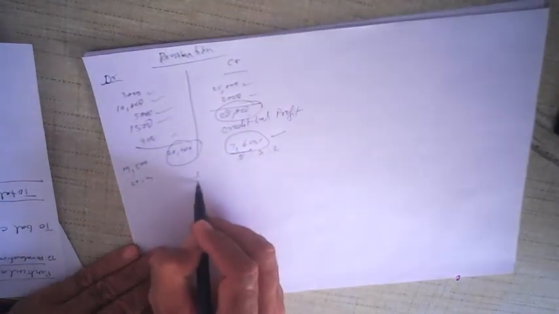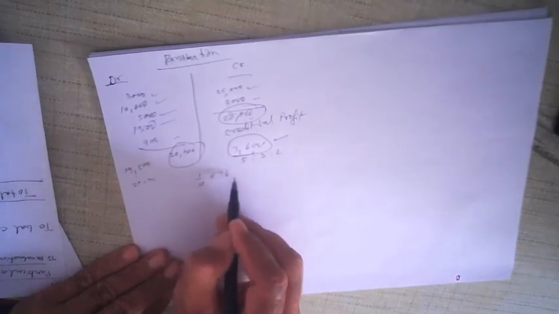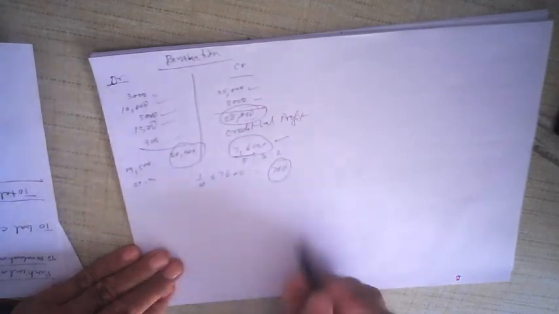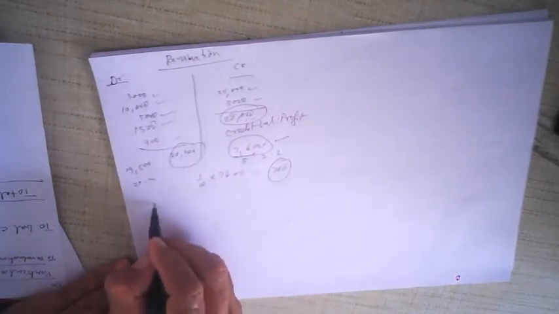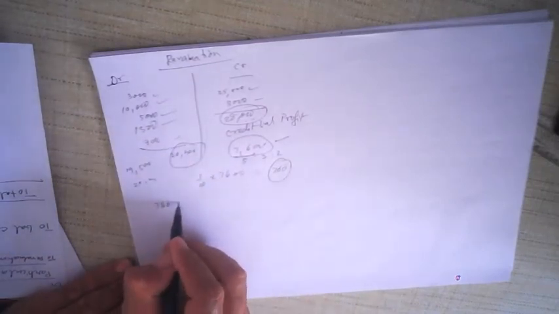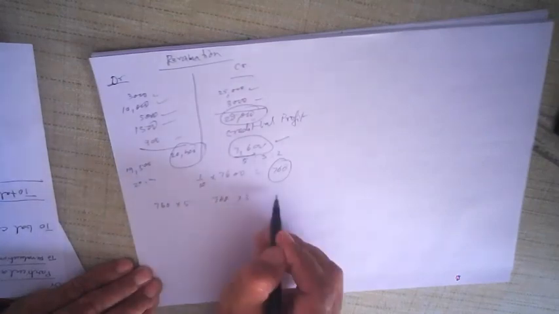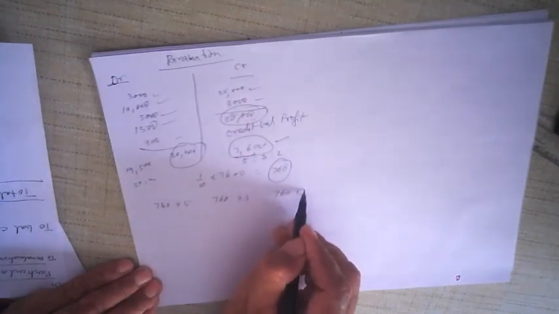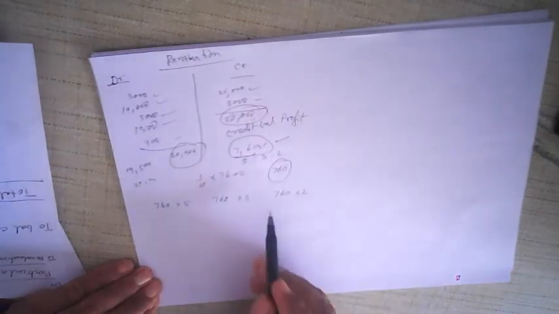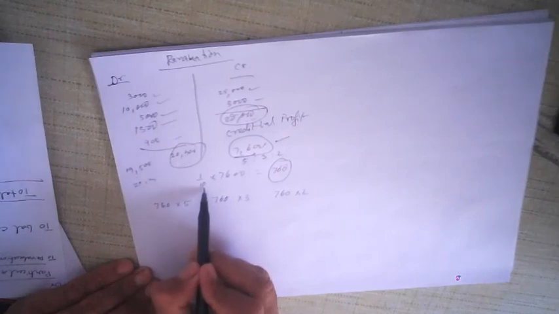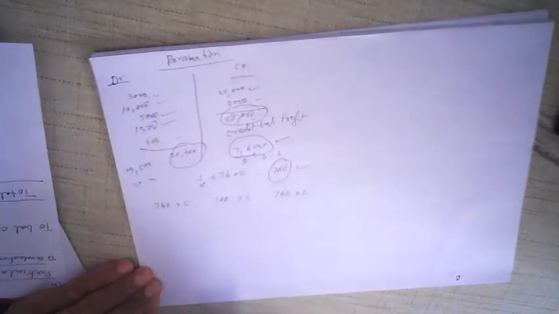So 1/10 of 7,600 is 760 rupees. We multiply 760 by 5, 760 by 3, and 760 by 2. I hope you have understood this.